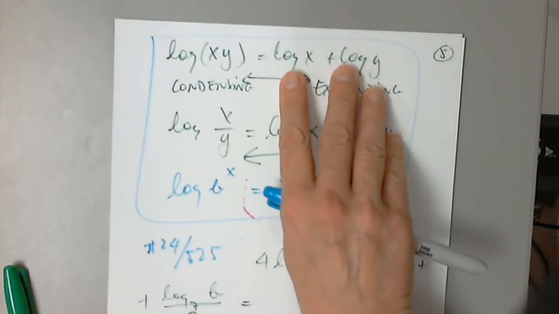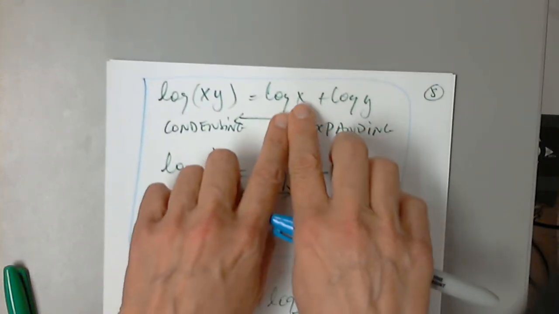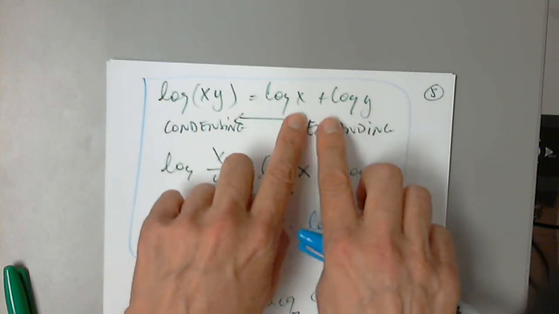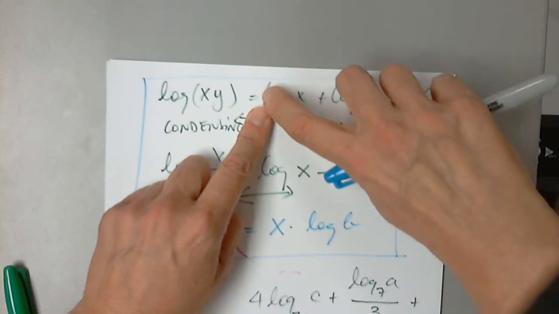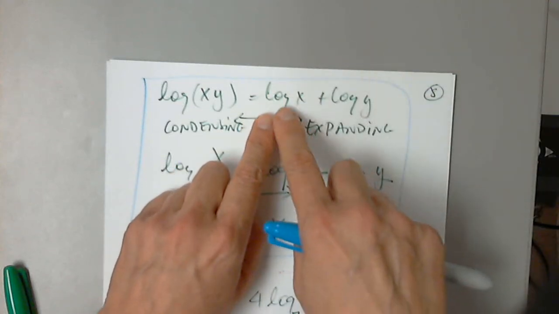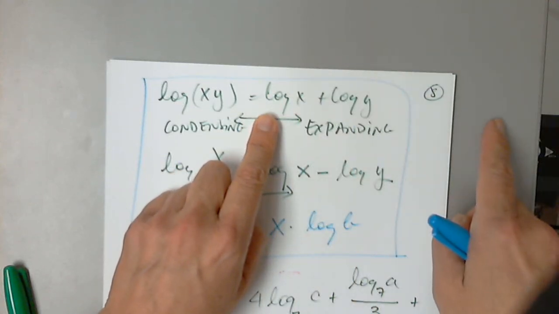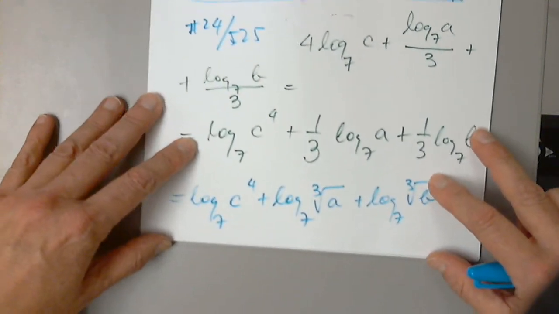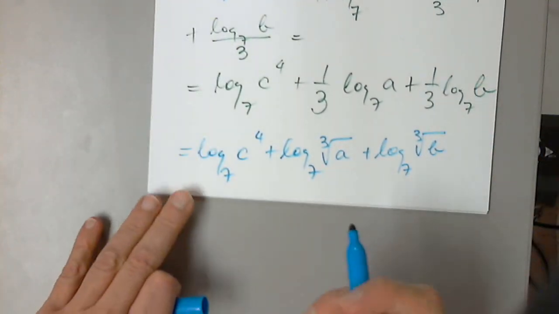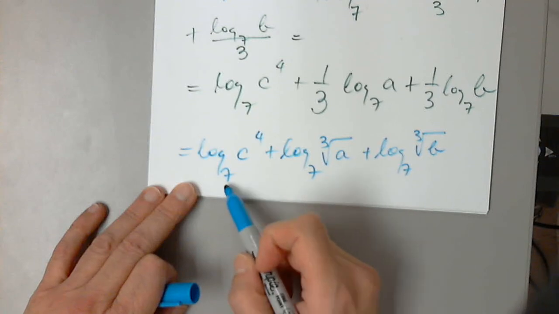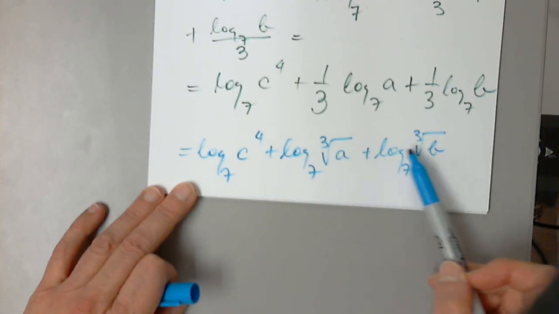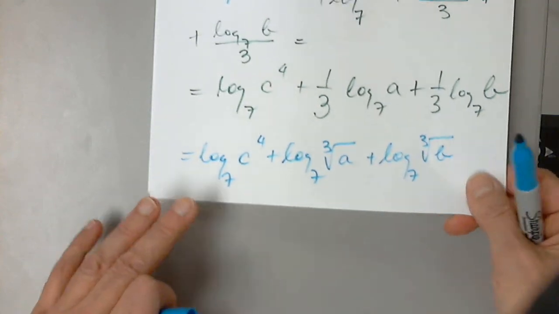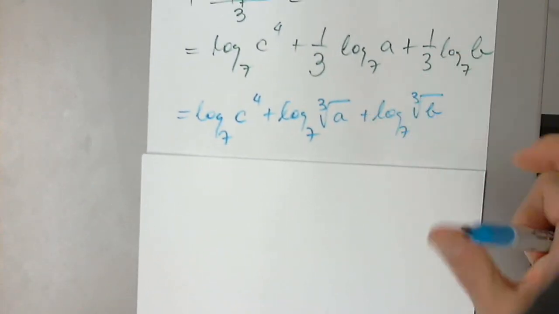Now I can use this property in which I can have any number of logs with 1 in front. I will have log of x times y times z times whatever. So that will be the last step. So the final answer will be log base 7 of c to the 4th times the cube root of ab. But this was not possible before cleaning up each log.